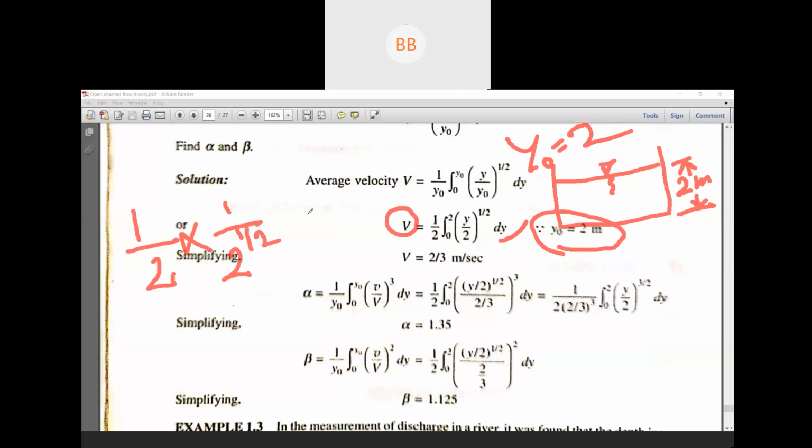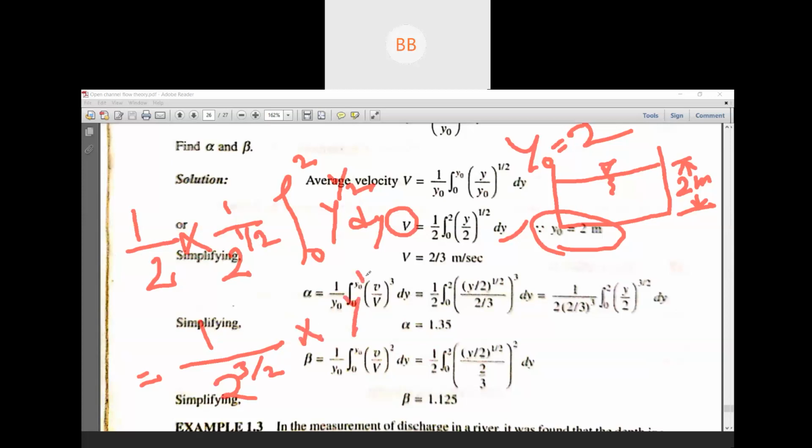Then we have the integration from 0 to 2 of y to the power 1 by 2 dy, so again 1 by 2 to the power 3 by 2. Now you integrate: y to the power 1 by 2 plus 1 divided by 1 by 2 plus 1.